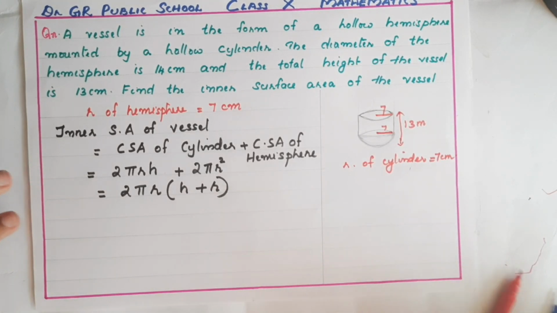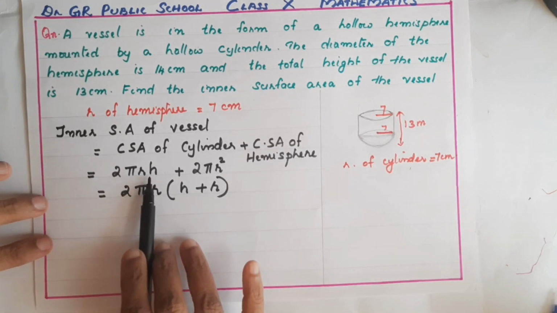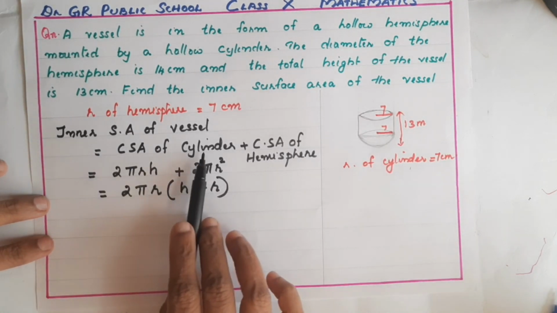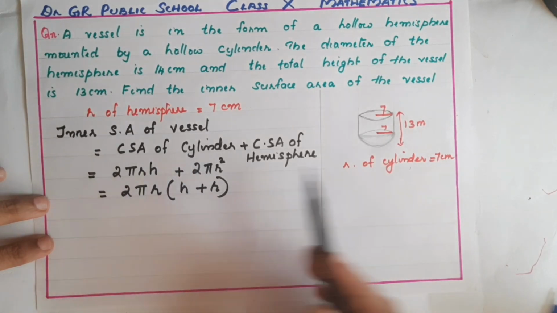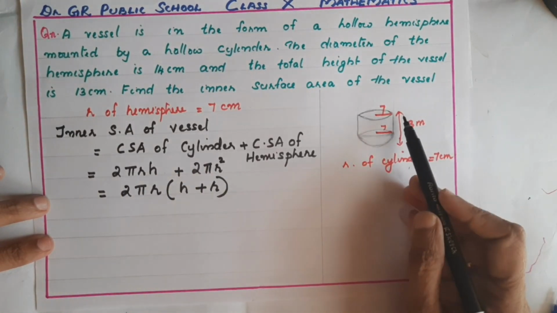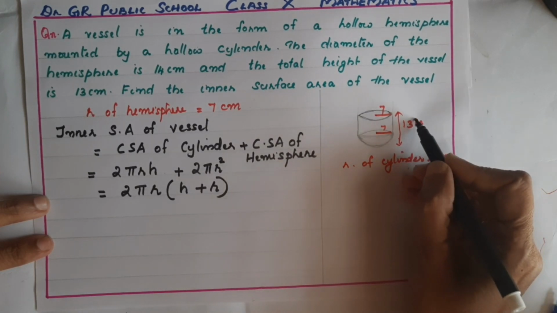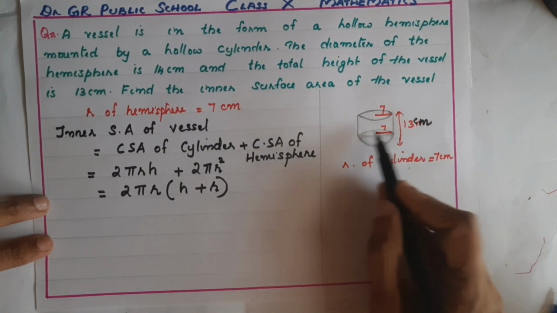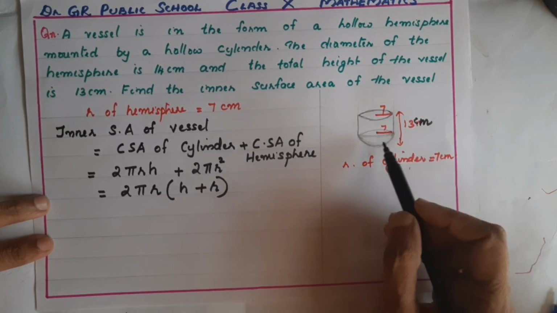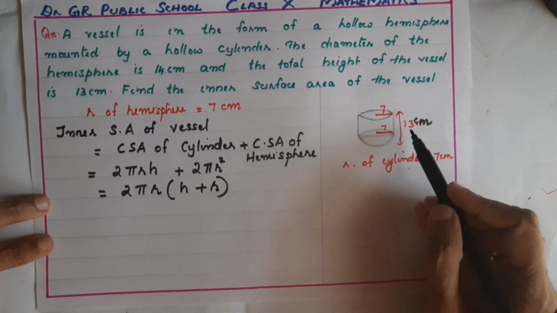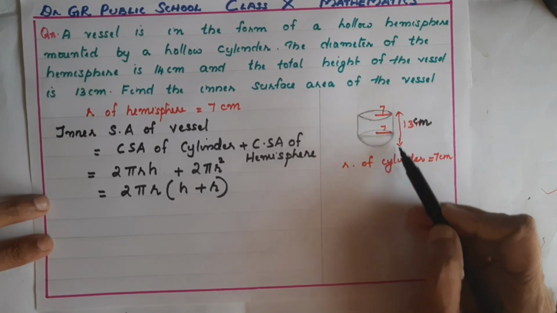Now what is this h? Height of the cylinder, isn't it? What is the height of the cylinder? Can we take this 13 centimeter as the height of the cylinder? No, because 13 is the total height of the vessel.